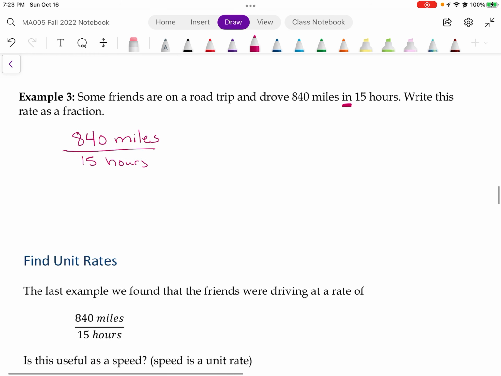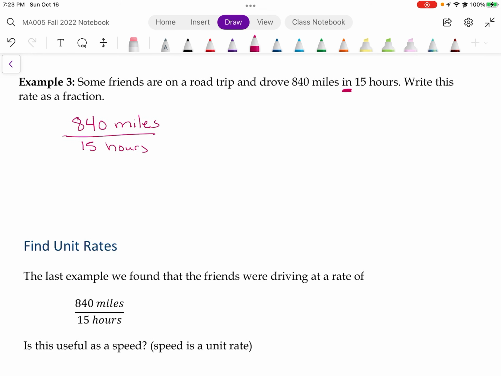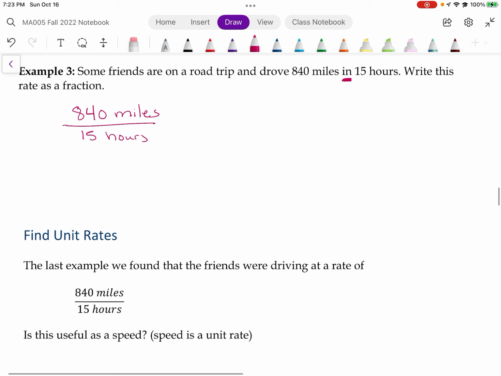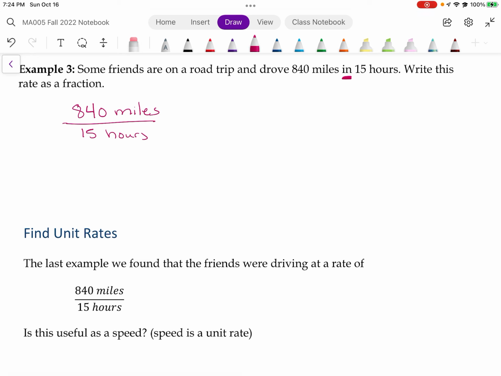Now, we found that the friends were driving at a rate of 840 miles in 15 hours. Is this useful as a speed? Is that a speed that you would have on your speedometer? No, your speedometer in the US is miles per hour, right? Which is what we have right here, but it's per 1 hour. We only have a 1 on the bottom.